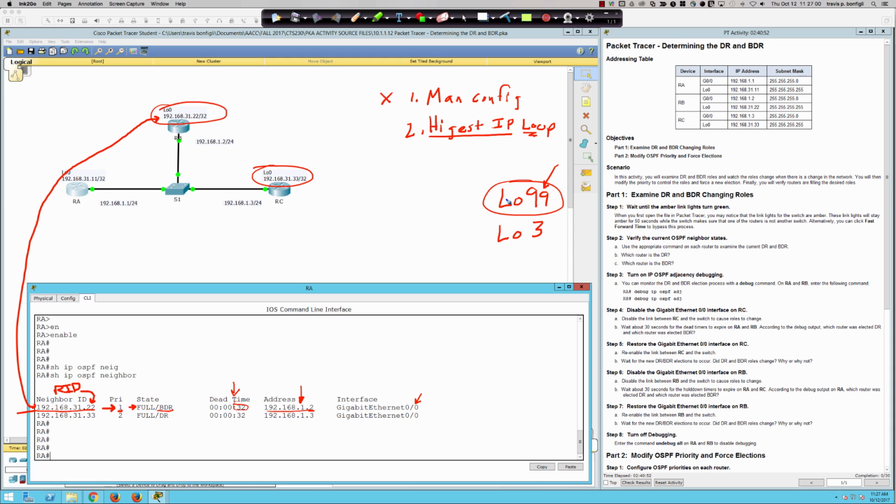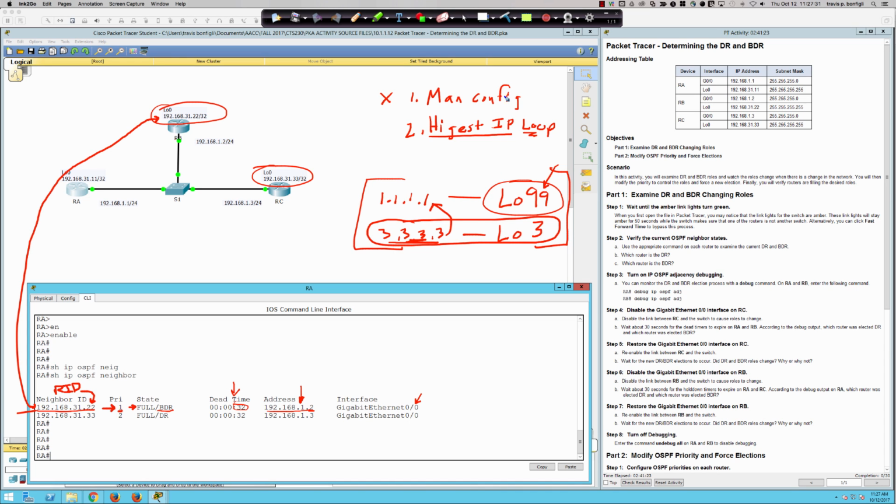Because if loopback 99 was 1.1.1.1 and loopback 3 is 3.3.3.3, and these are on the same router and OSPF starts up, which value is going to be selected as the router ID? Exactly, it's going to be loopback 3 because it has a higher IP address than loopback 99.